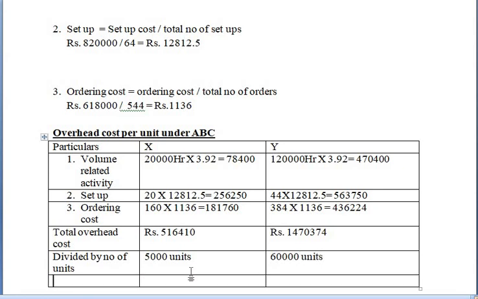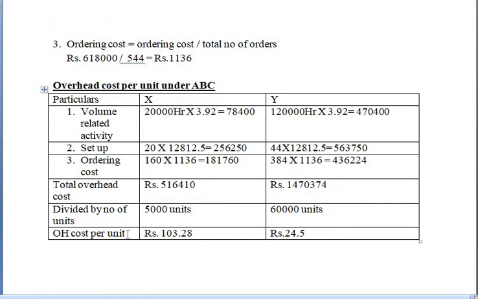Now you will get overhead cost per unit: for X 103 rupee per unit and for Y 24 rupee 50 paisa. This is the overhead cost per unit under ABC system.